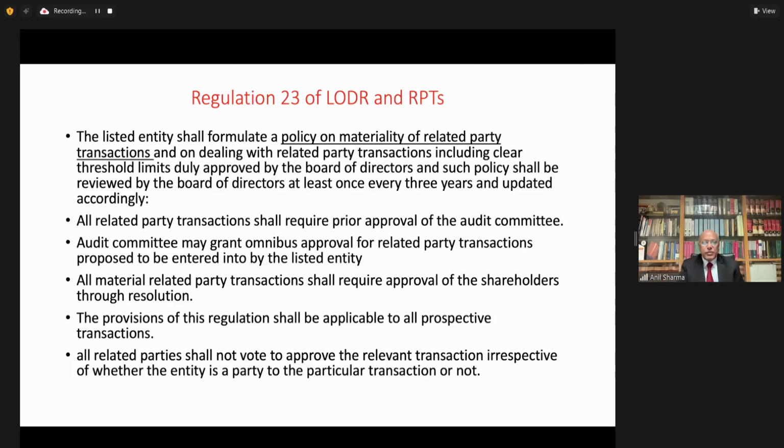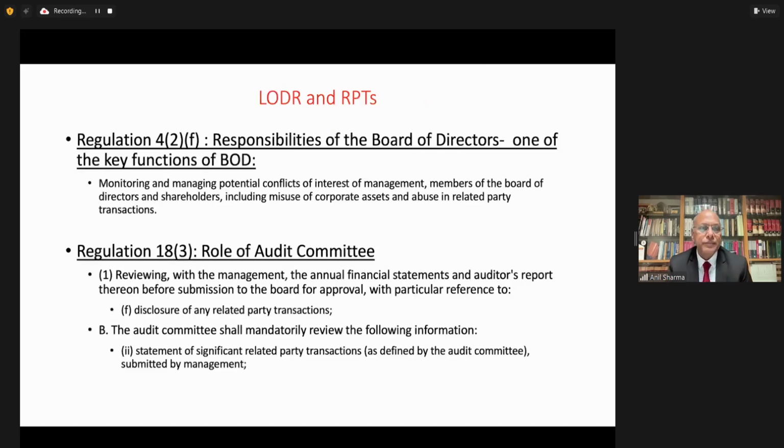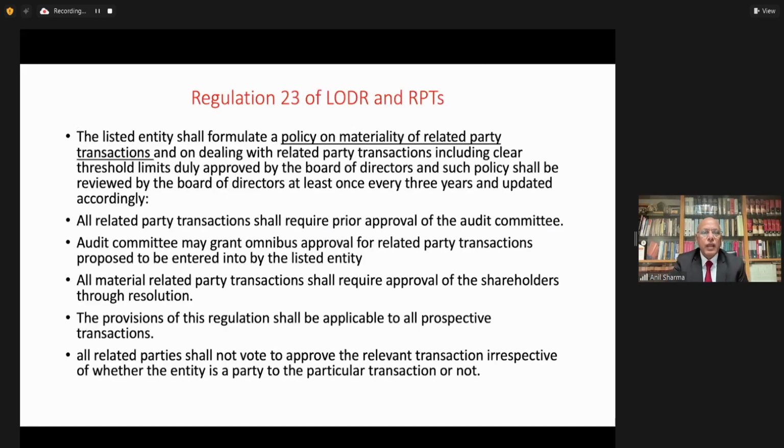Number of times you must have seen that a company is, let's say, carrying out certain transactions throughout the year with a related party, or sometimes the only transaction which they are entering into is with the related party.